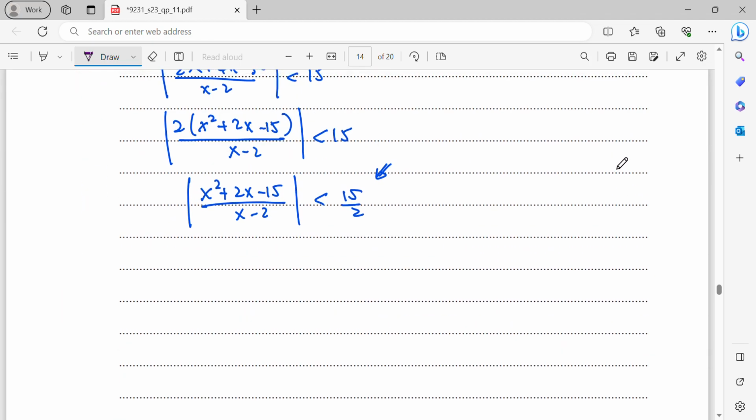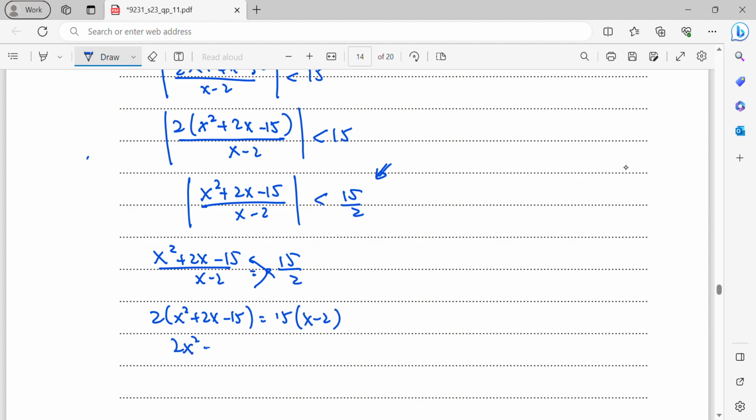Okay, so now to solve this question, I need to solve it separately. So x squared plus 2x minus 15 over x minus 2 equals 15/2. And another one is going to be negative. To solve this, cross multiply. 2 bracket x squared plus 2x minus 15 equals 15 bracket x minus 2. Do expansion, you will get these 3 terms on the left side, and the right side will be 15x minus 30.